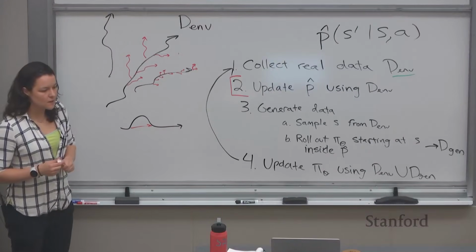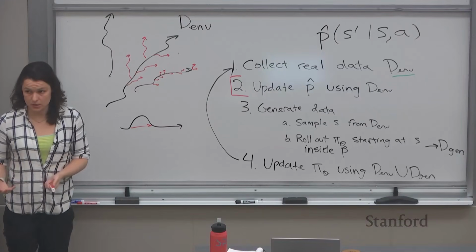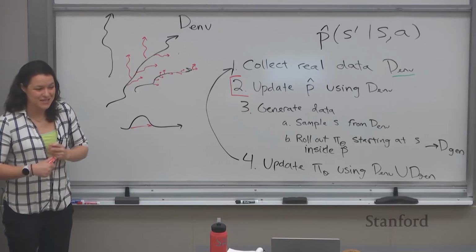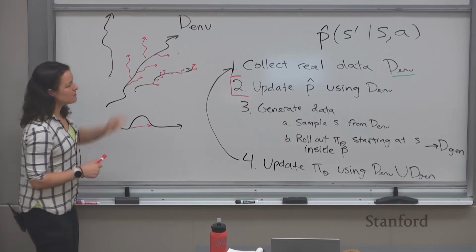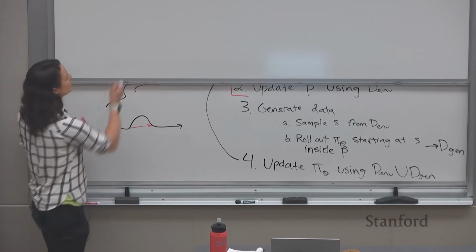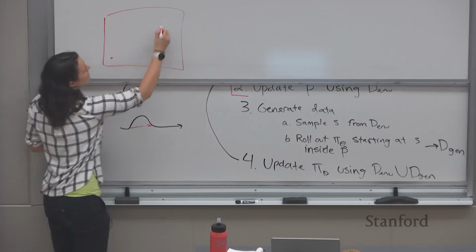Yeah. So the question is, how hard is it to learn a model compared to a policy? It's extremely domain dependent. Say, for example, you're in a maze. You're trying to learn how to get from here to here.